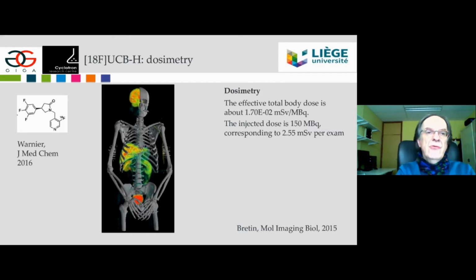example. So here with positron emission tomography, we are first using microdose. Microdose means that the specific activity you inject is very high. So a high concentration of your radio tracer and very low concentration of your cold molecule.